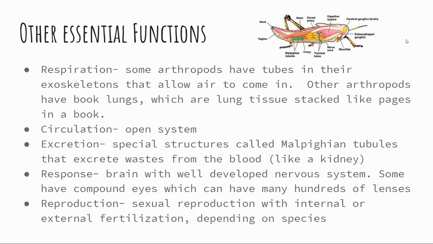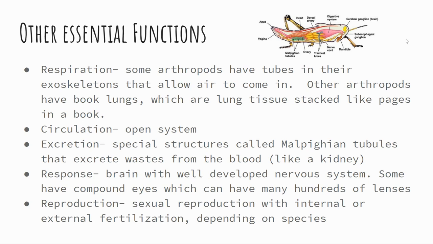So other essential functions of arthropods: respiration. Some arthropods have tubes in their exoskeletons that allow air to come in. Other arthropods have book lungs, which are lung tissue stacked like pages in a book. Their circulatory system is an open system.